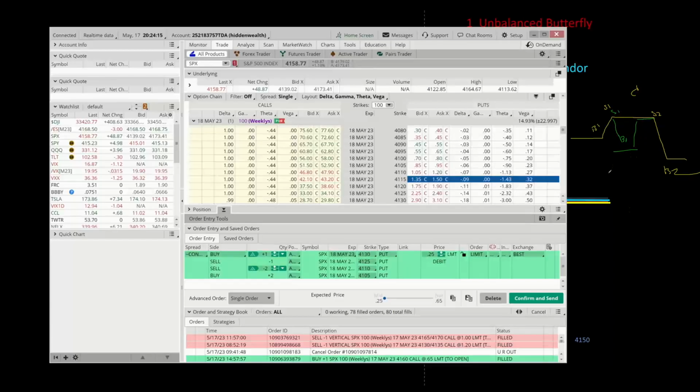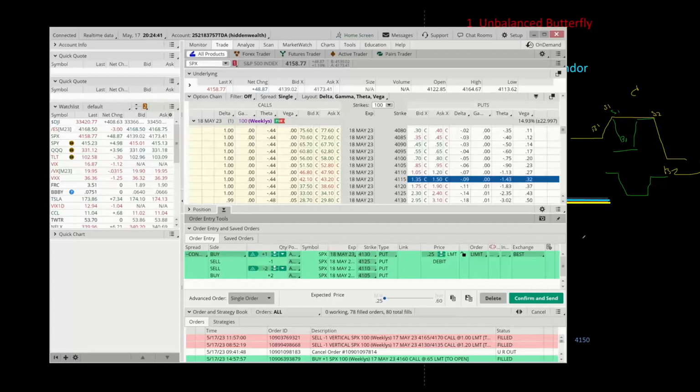So all I got to really do is an unbalanced condor inside my original one. Whatever my original strikes were, just make sure the sale of the unbalanced condor is inside of those strikes, and I know I'm going to be fine. I don't have to get fancy. I don't have to use my imagination. I don't have to pull up the analyzer.